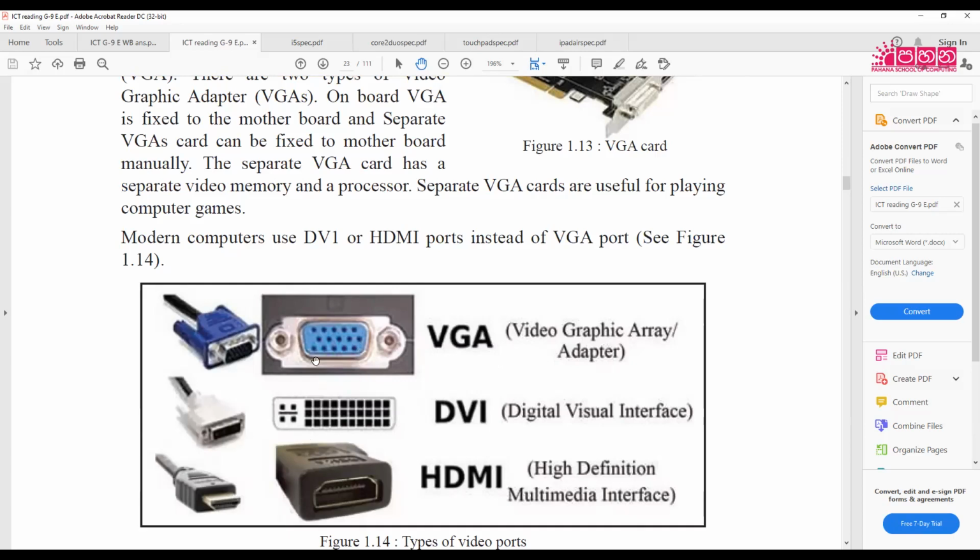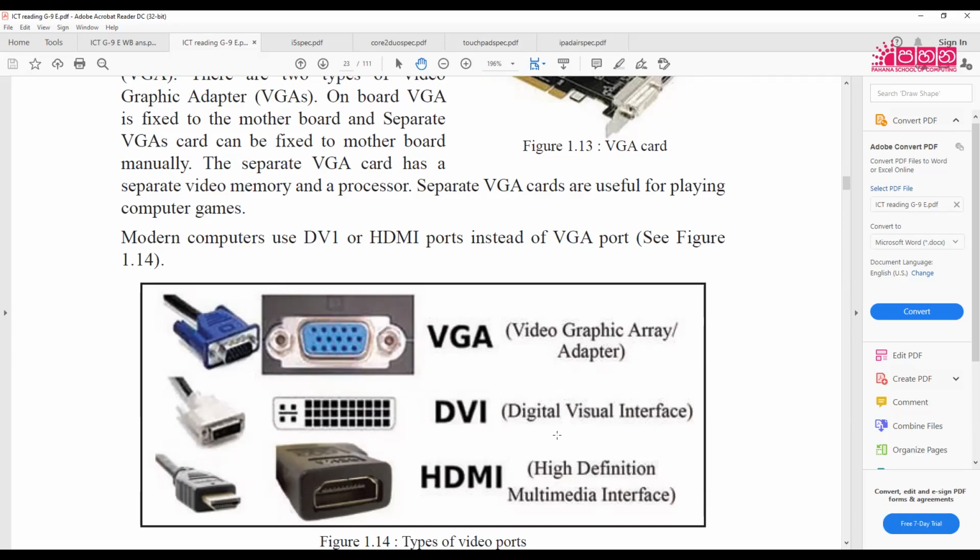But in the middle, there's another one called DVI. On some computers you see this port. This is called the DVI port, digital visual interface. It comes after VGA but before HDMI. It was not that popular, but still some computers use DVI. So these are different types of video ports.